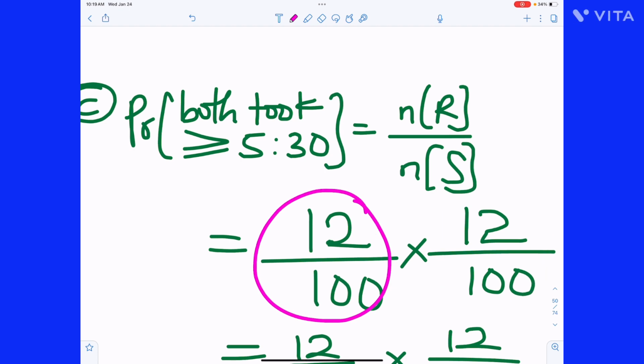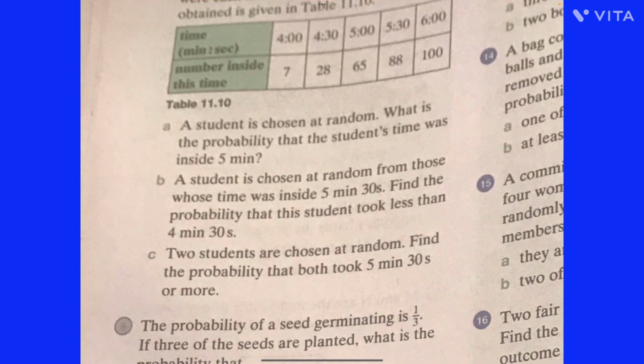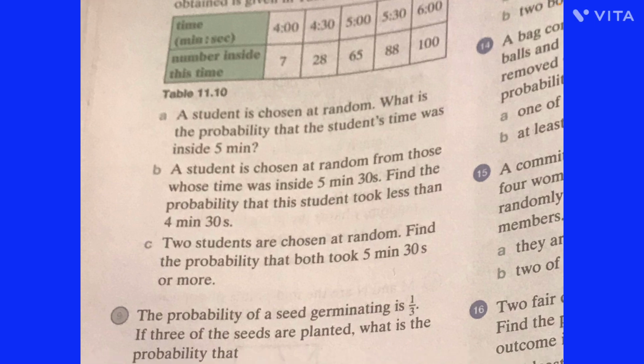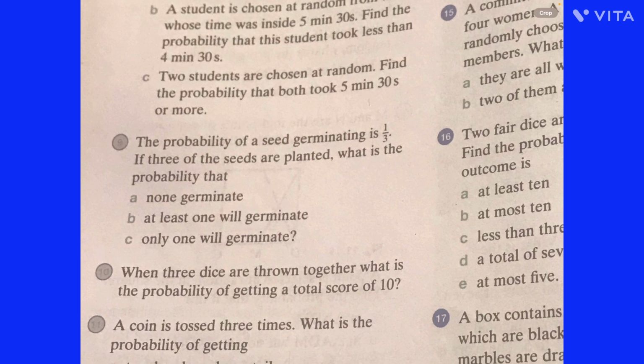So that's 12 over 100 times 12 over 100. The interpretation of that probability is that those who took 5 minutes 30 seconds or more will be those that finished at exactly 5 minutes 30 seconds or higher than that. So you subtract 88 from 100 to get the number of students in that range.